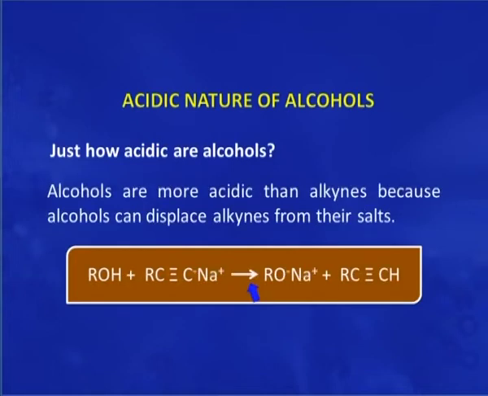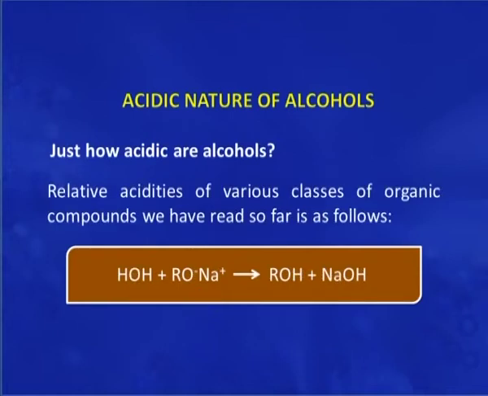How are we going to justify this? If alcohol reacts with sodium alkylides, then there is formation of the sodium salt of alcohol, and alkynes are liberated from their salts. So, this shows that alcohols are more acidic than alkynes.